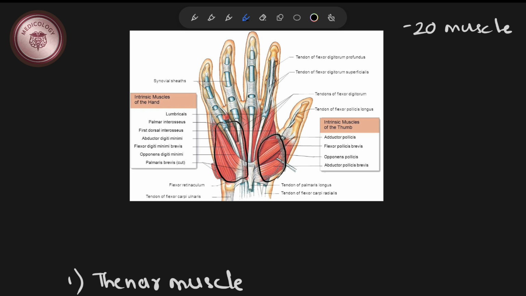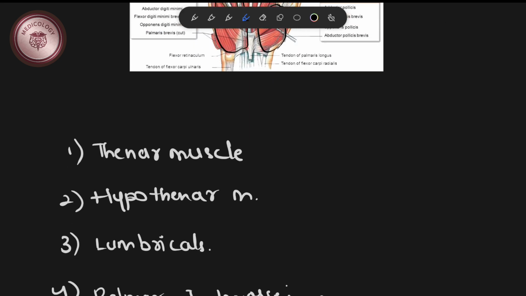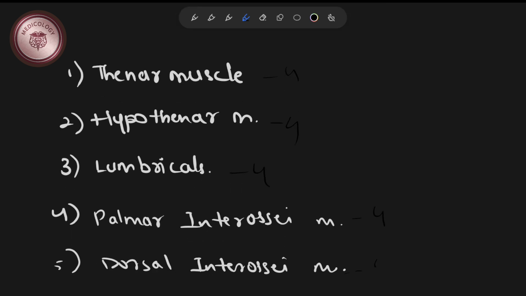And then lumbricals, and then interossei, palmar side. Palmar interossei: inter means between the bones. And then dorsal, they will be on the dorsal side of the hand. So 4 muscles from here, 4, 4, and 4. They all become 20 muscles.